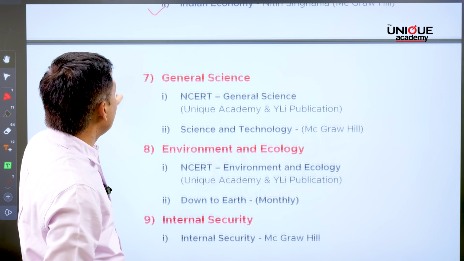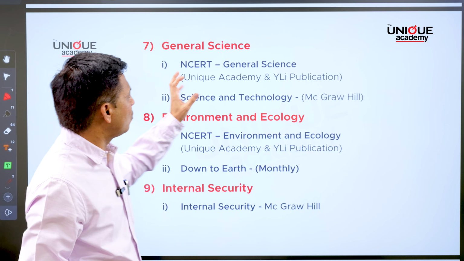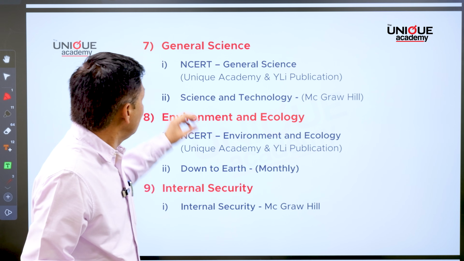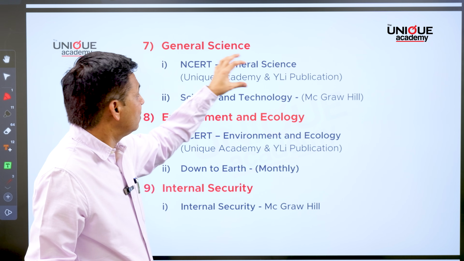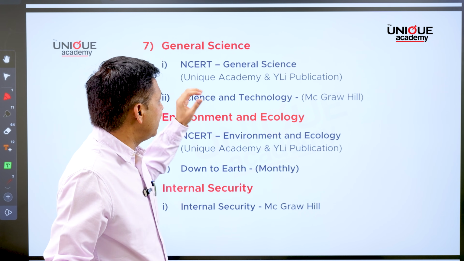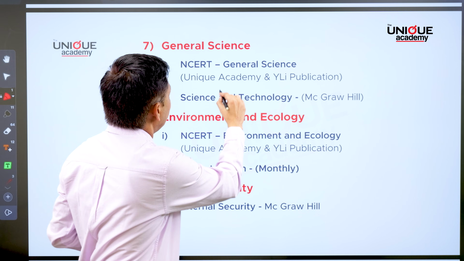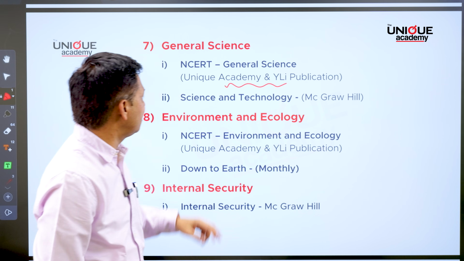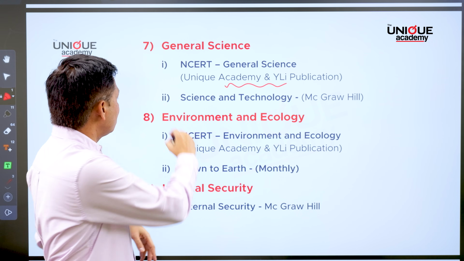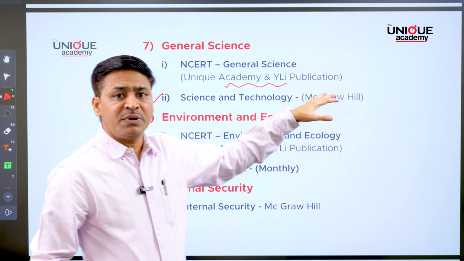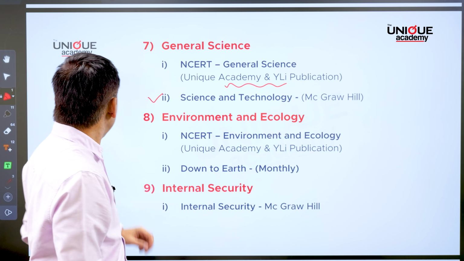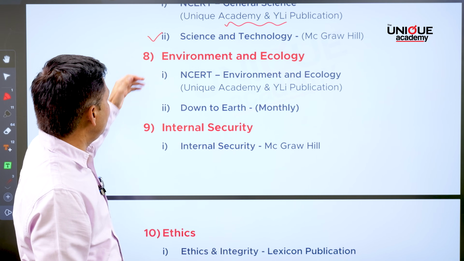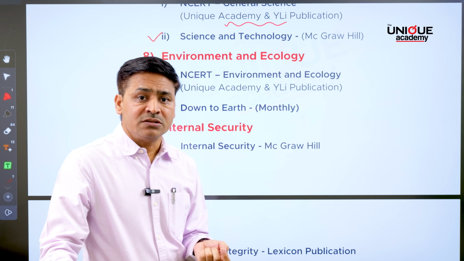Now taking it forward for general science, which is also known as science and technology. Again, the NCERT on general science, jointly published by Unique Academy and Wiley Publication. And then this is a reference book titled Science and Technology, published by McGraw-Hill Publication. Okay. Then in GS3, we have 2 important sections.